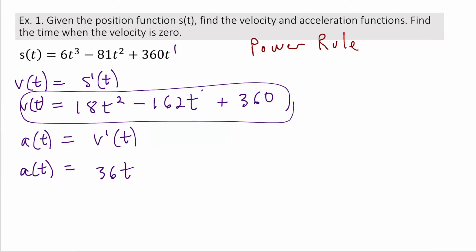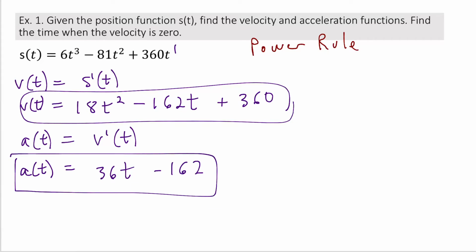Then this is a first power here, so that would be negative 162 times 1. Drop my power down by 1, that makes it t to the 0, which is 1, so I don't have to write it. And the derivative of a constant is 0, so I don't have to write that. So my acceleration function is this function here.